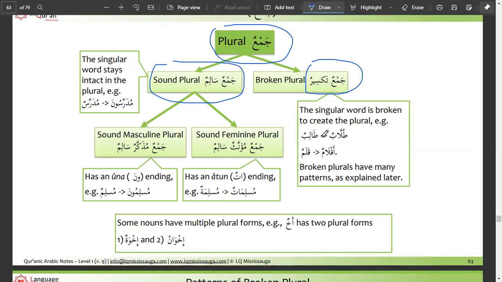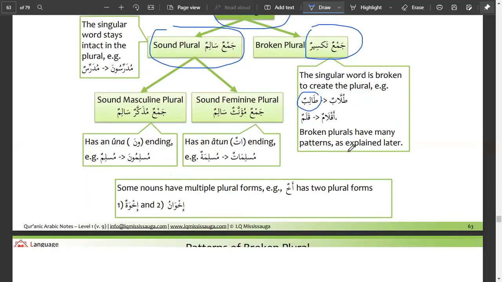Talibun lost its original form and becomes Tulabun. Kalamun lost its original form and becomes Aqlamun. So when a noun loses its original form in the plural, we call it broken plural or the Jamma Taksir.